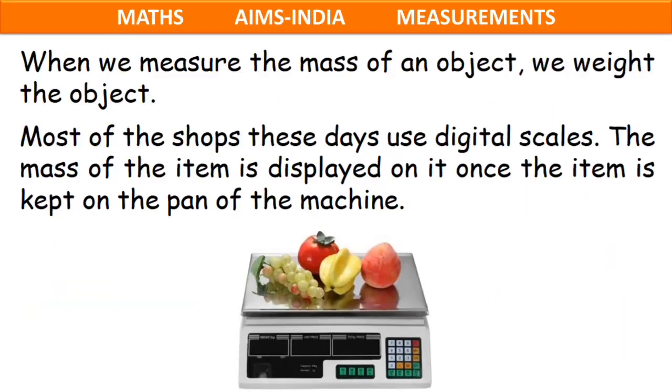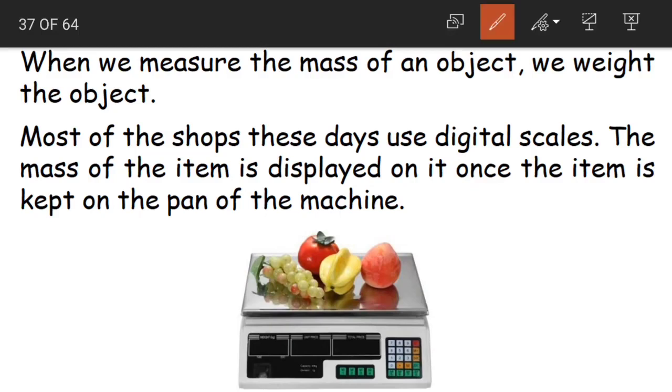Yes, but in the case of digital weighing machines or digital scales, nowadays many shops are using these digital scales. Why are they using these digital scales? Because these scales are easier to use. If you recall from your shopping experiences, what happens, children, when we go to any supermarket or grocery store? Yes, they just place the objects on this scale.